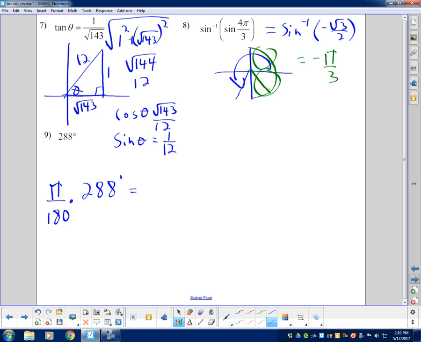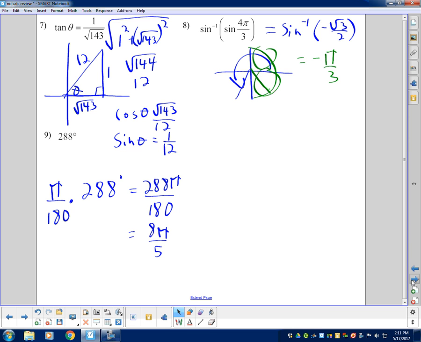If we're in radians, we multiply by 180 over pi to change it to degrees. So here we are in degrees. We're going to change it to radians, multiply by pi over 180. So 288 pi over 180. Go ahead and simplify that. That's going to simplify all the way down to 8 pi over 5. So that should work on that simplification there.